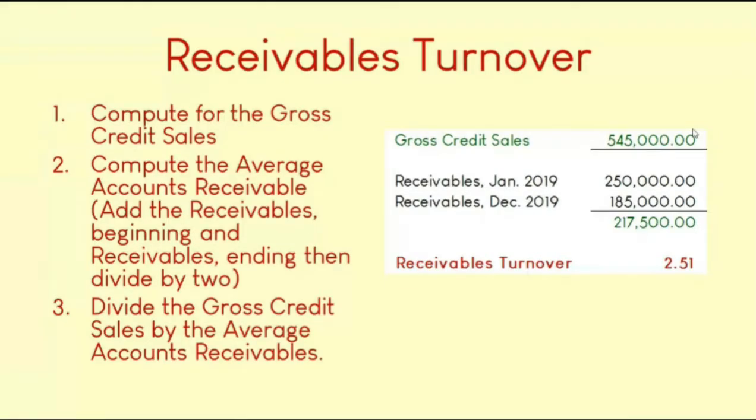So 250,000 plus 185,000 divided by 2 is 217,500. So 545,000 divided by 217,500 is equal to 2.51, and that is our receivables turnover.